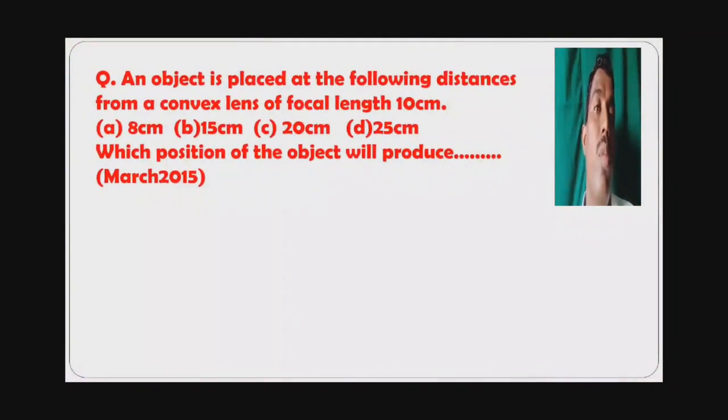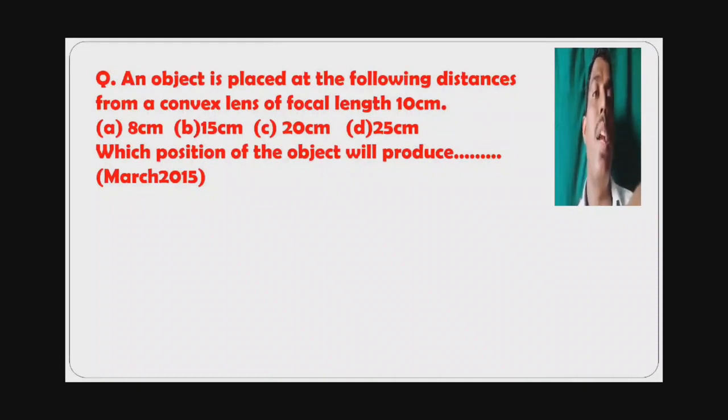Now we will see one public examination question. An object is placed at following distances from a convex lens of focal length 10 centimeters. Convex lens is given, focal length is 10 centimeters.